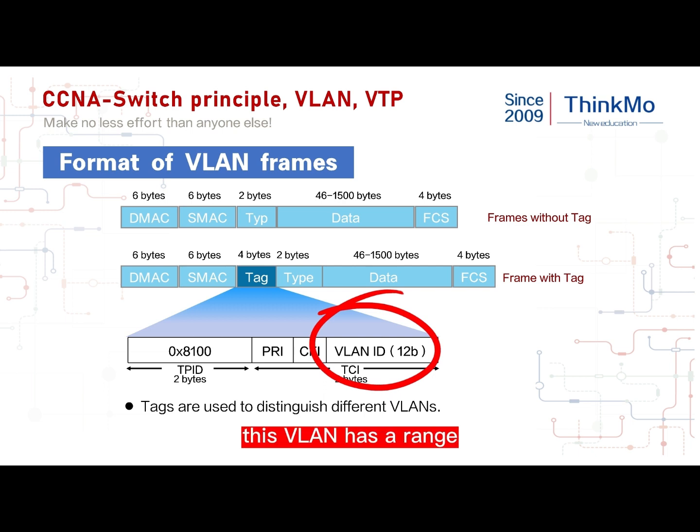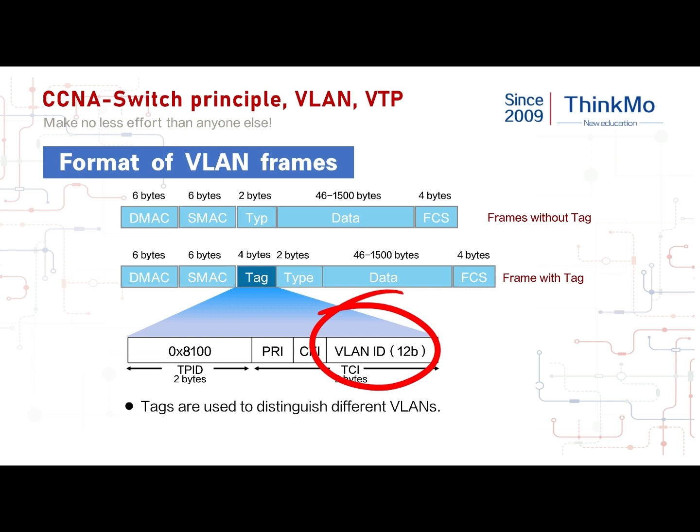This VLAN ID has a range. Each bit has two values, 0 and 1. There are 12 bits. A total of 2 to the 12th power. A total of 4096 combinations. That is a total of 4096 VLANs. But 0 to 4095 is a total of 4096.